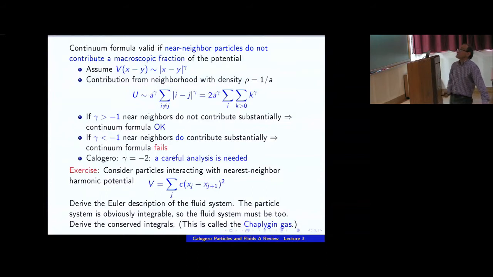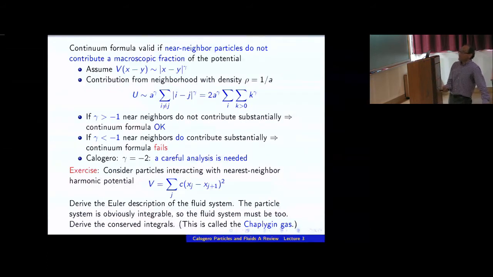But of course, this sum is, as we know, infinite if this exponent gamma is bigger than or equal to -1, and it will be finite if gamma is less than -1. So if the interaction falls off faster than 1 over r, this sum will be finite. If it falls slower than 1 over r, it will be infinite.